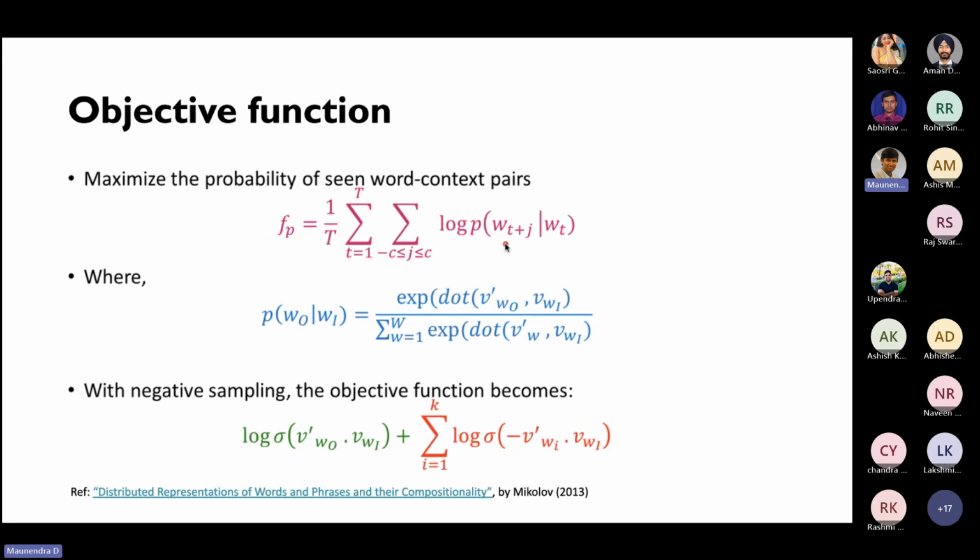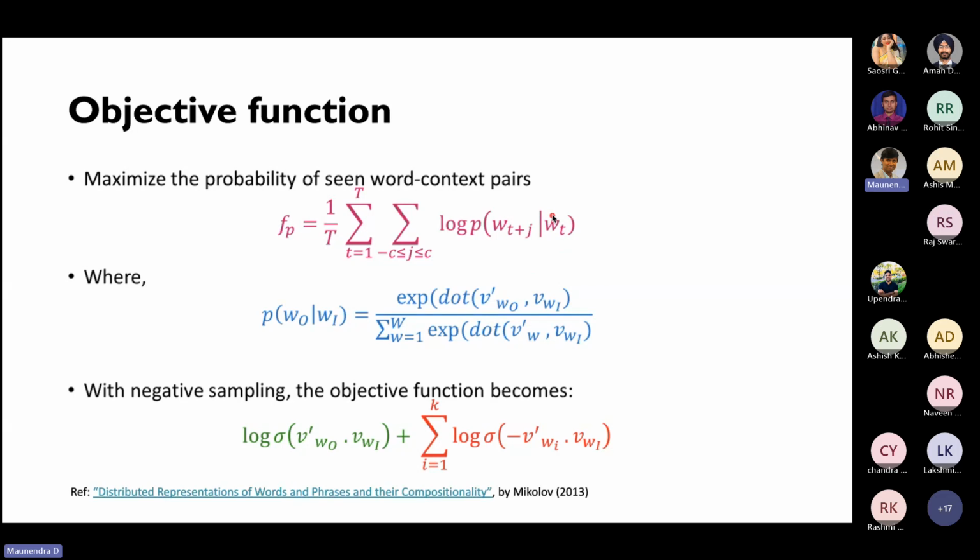So here we assume that p is a conditional probability, something given something, right? Now this is given, we call it input or wi. This is the expected output, so wo. Now here we want to utilize the vectors.